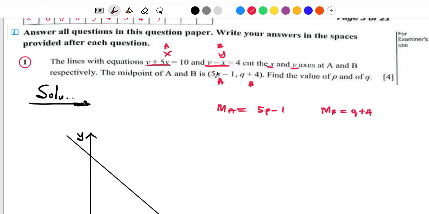Then what else do we have here? We have the equation for A: y + 5x = 10, which is representing x. Then for B, the equation is y - x = 4, and this is representing y.